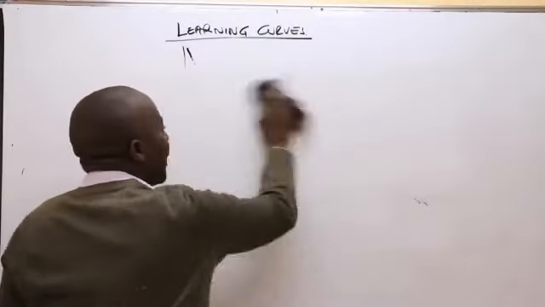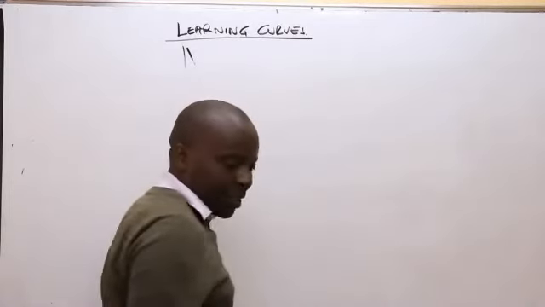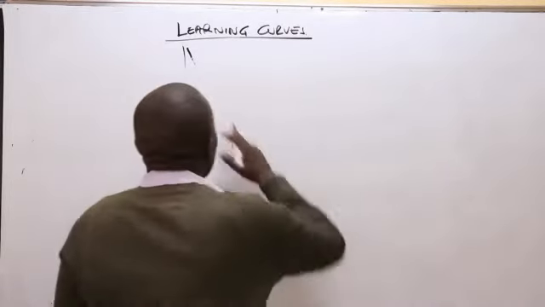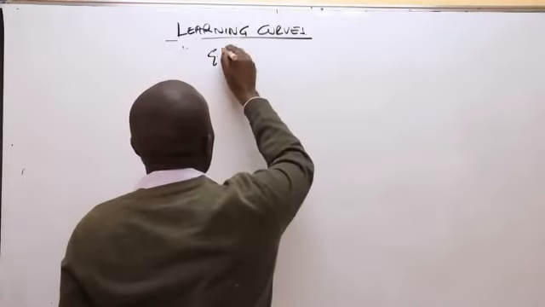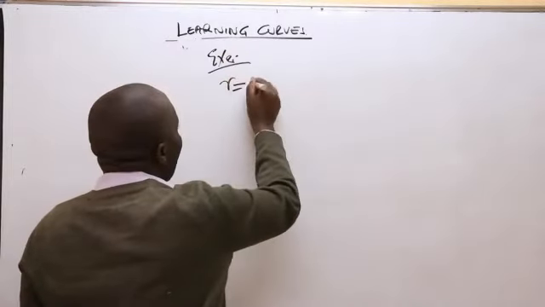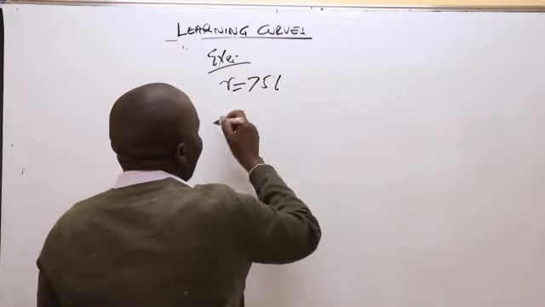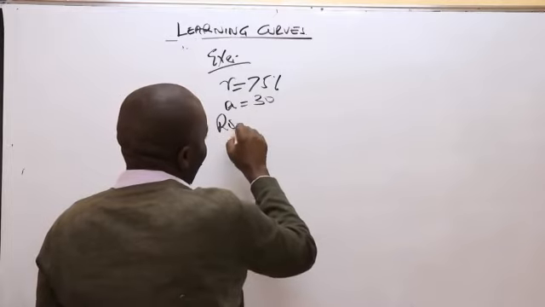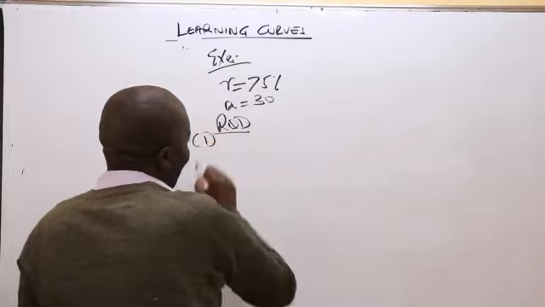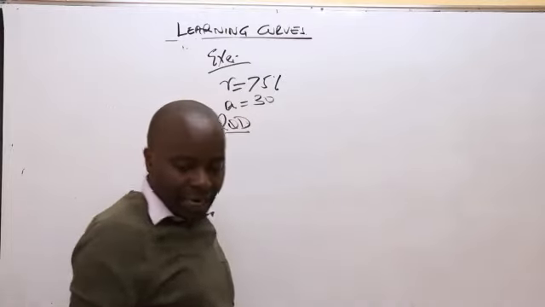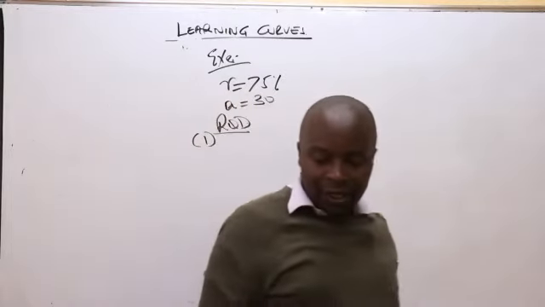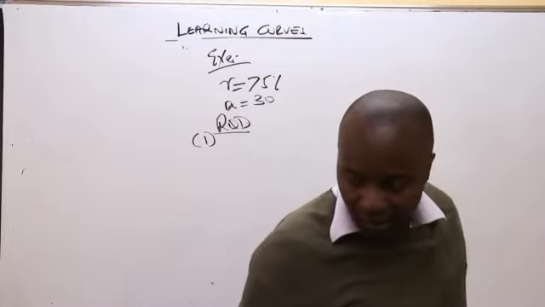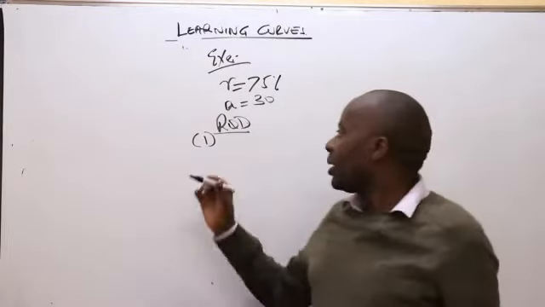Now exercise, ladies and gentlemen, we are given here an exercise. They have given us R is 75%. A is 30. We are required, number 1, to determine the time taken to produce the first unit.